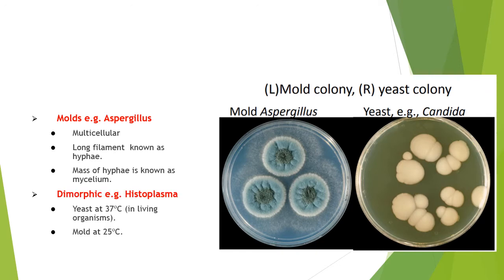On the other hand, there are what we call dimorphic fungi, like Histoplasma, which can exist in two different forms: yeast at 37 degrees, which means that when it exists inside our bodies, it multiplies in the yeast form. But once it's outside, at room temperature, around 25 degrees, it can exist as mold. This dimorphic feature does not happen for all molds, but only some of them.